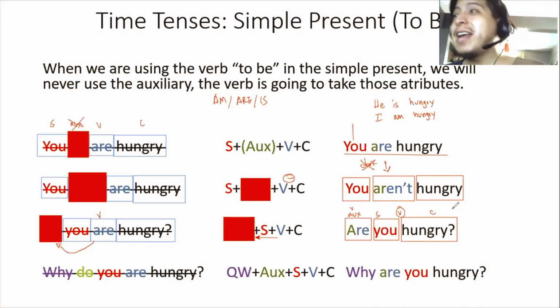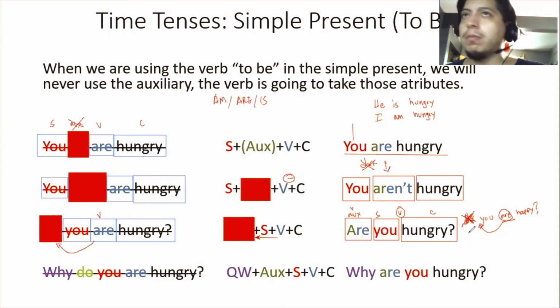You never ever say, do you are happy? You never ask these questions because the verb to be never uses the auxiliary do. What you do is take the auxiliary and switch it with the subject. Are you happy? Are you hungry? Are we okay?